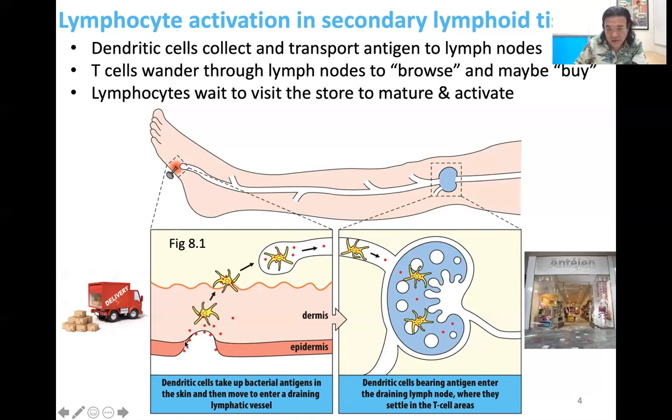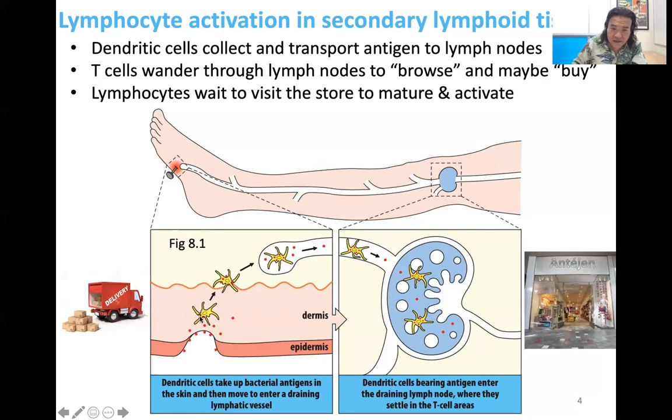So let's see what's going on here. So here we have the wound. Your tough epidermal layer is breached. So now you have bacteria or some kind of antigen, some kind of pathogen, it might actually be like a virus or something, that gets into your dermal layer. And here you would have resident immune cells like macrophages and dendritic cells wandering around.